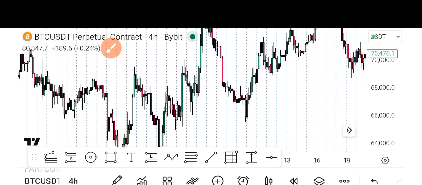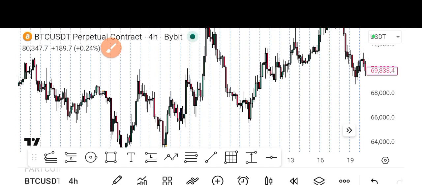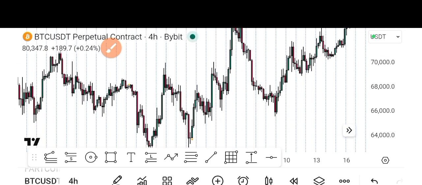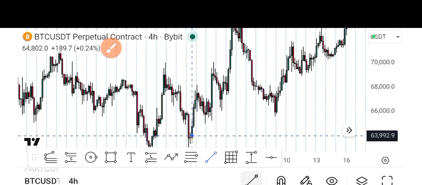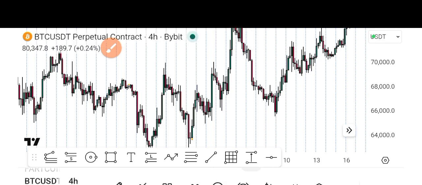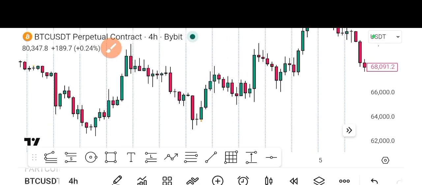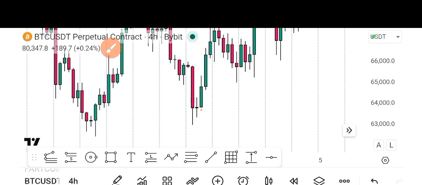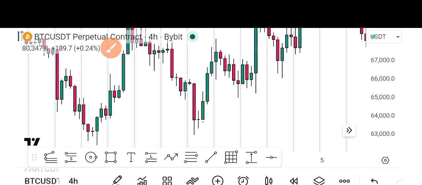All right, I just spotted one here. This is a traditional doji over here. I'm going to zoom in for you to see it clearly. As you can see, it's equal.